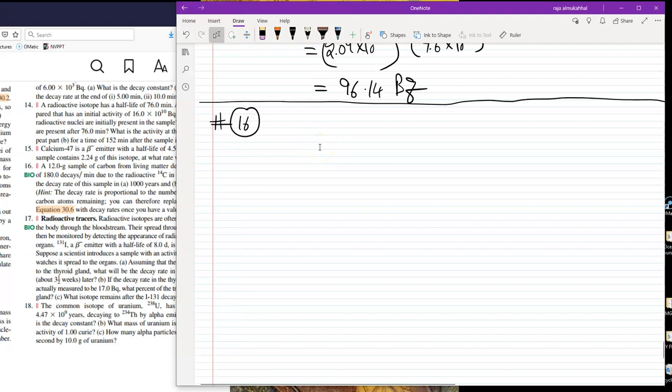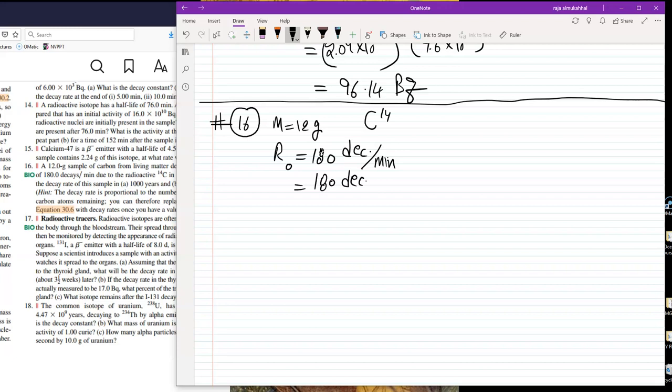Well, let's look at the data. What's given to us, the mass of the sample is 12 gram. This is carbon-14. And the initial activity rate is 180 decays per minute, which we don't like. We want to make it into seconds. So it's going to be 180 decays over 60 seconds, correct?